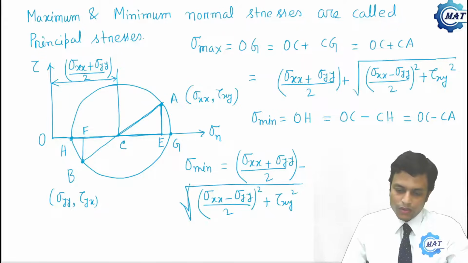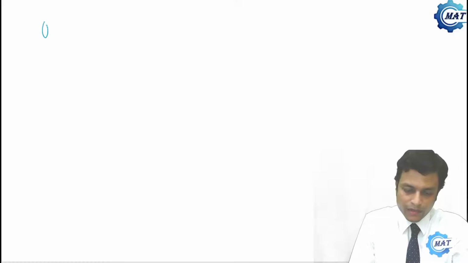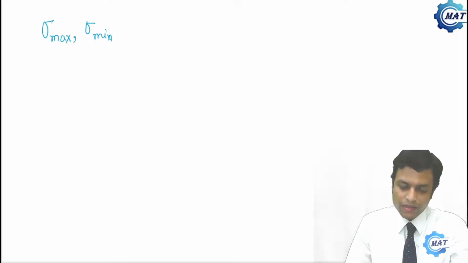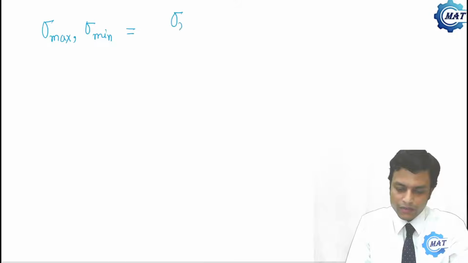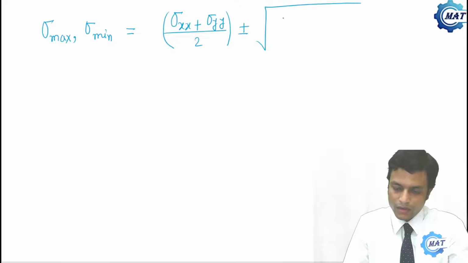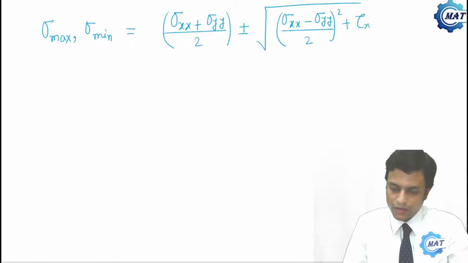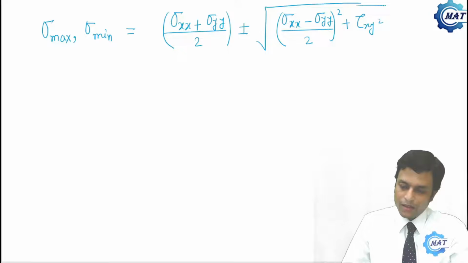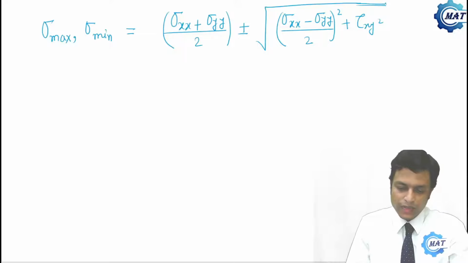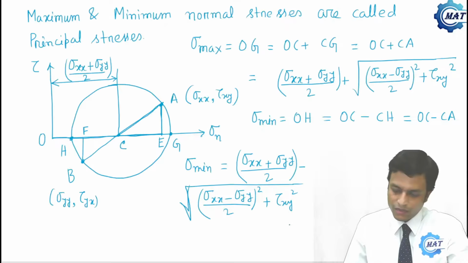So sigma max and sigma min are called the principal stresses. Values are sigma xx plus sigma yy by 2 plus minus root over sigma xx minus sigma yy divided by 2 whole square plus tau xy whole square. So this is the expression for principal stresses.